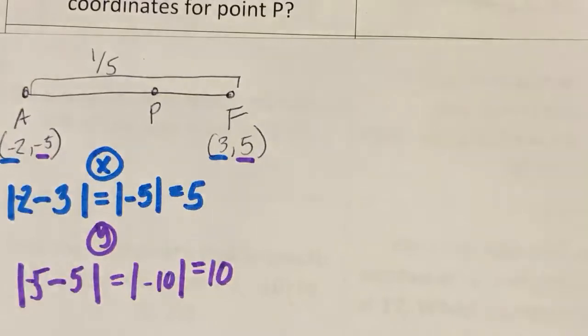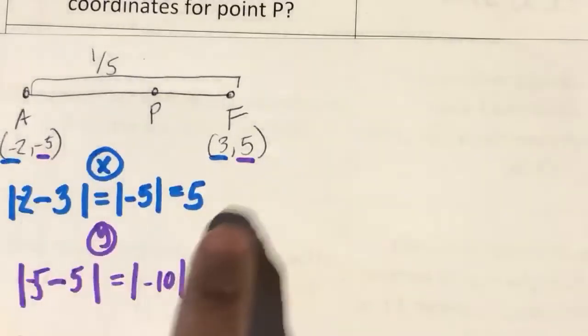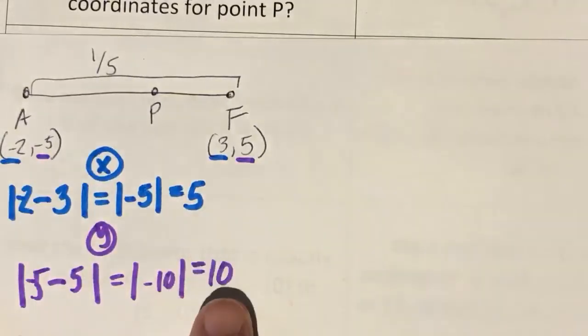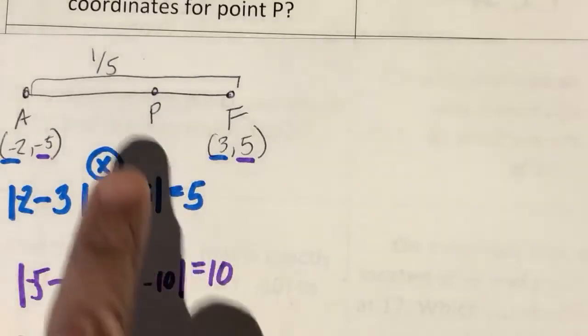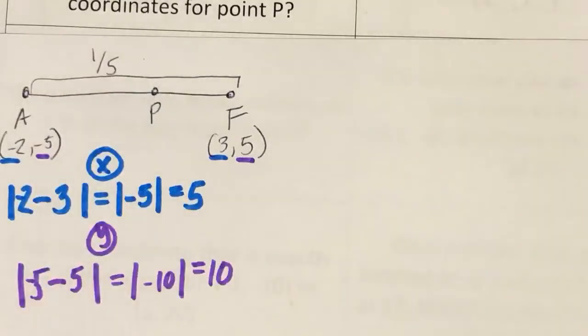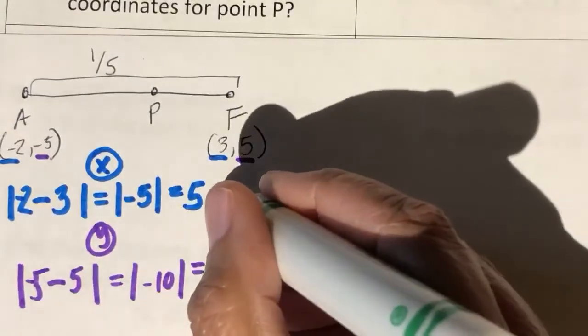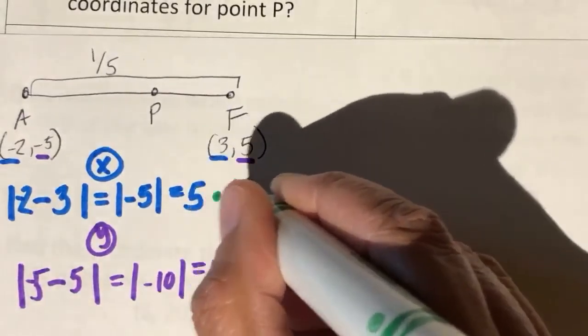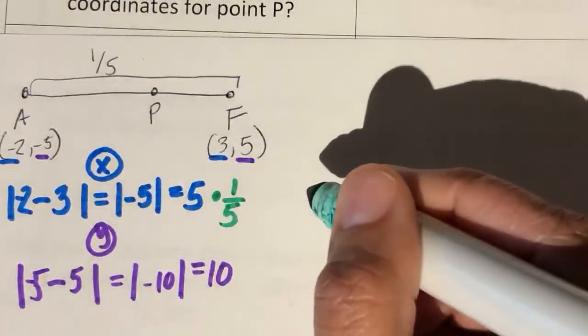Now I don't want to go that full distance of 5, and I don't want to go that full distance of 10. I only want to go 1/5. So I'm going to take 1/5 of each distance: 1/5 of the y and 1/5 of the x. I'm going to take this 5 and take 1/5 of it.